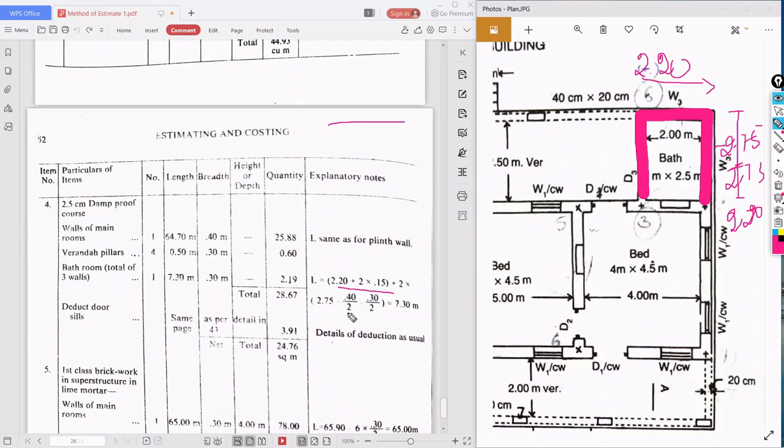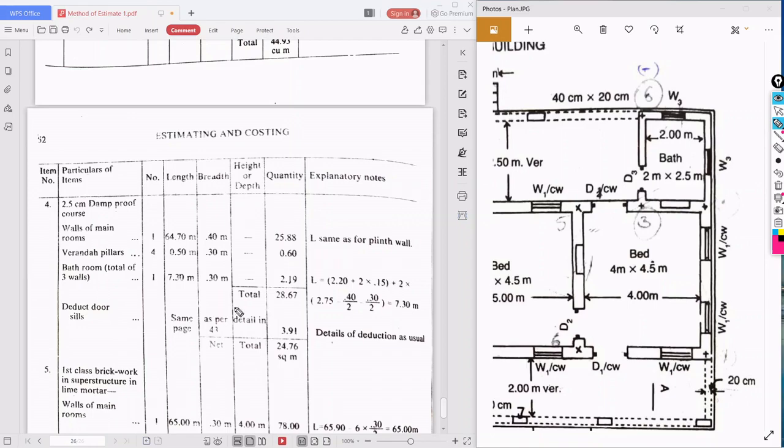In that we need to minus the length of the 30 centimeter wall here, that is 0.3 by 2. So the length is 7.30, breadth is 0.30, the breadth of the plinth wall. Multiply, you will get the DPC quantity, 2.19. So add them, you will get the total of 28.67 quantity for the DPC.